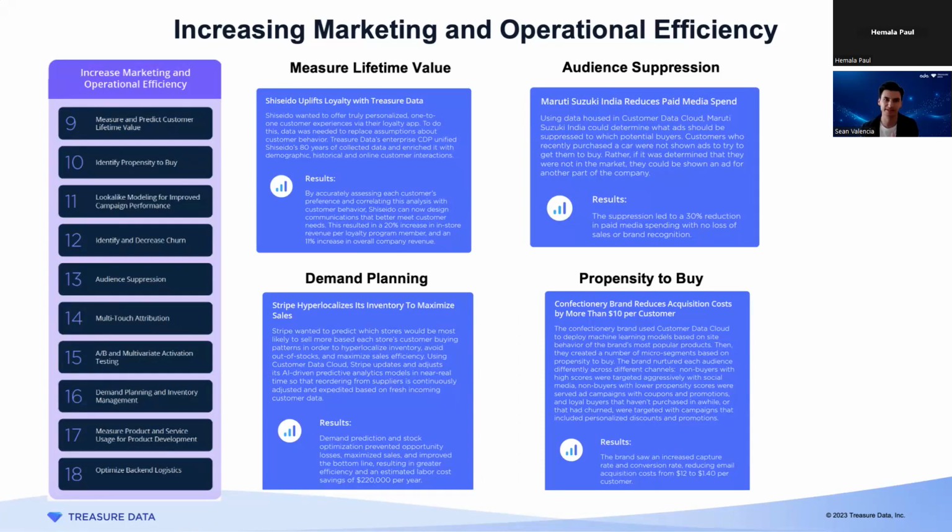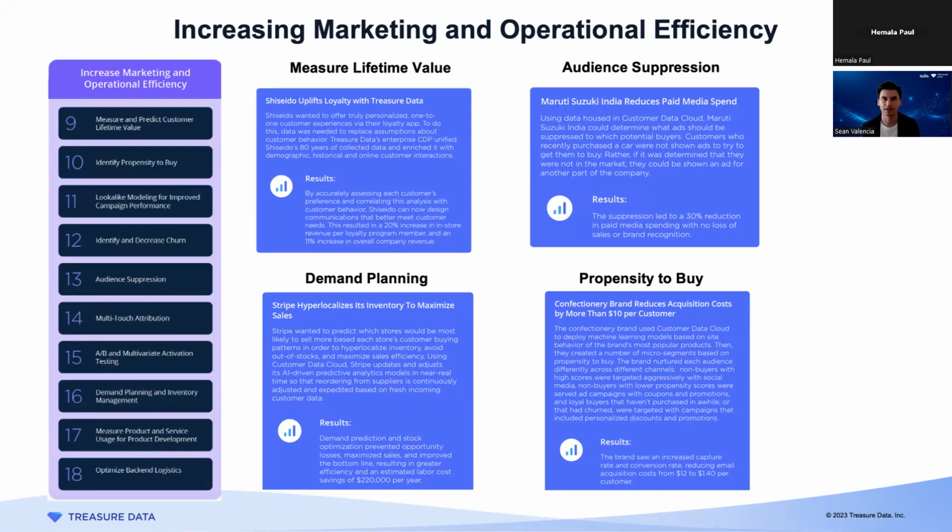And after implementing that, saw a 20% increase in their in-store revenue and 11% increase overall, purely by having this focus on that affinity, by measuring the lifetime value and applying it to the loyalty program.